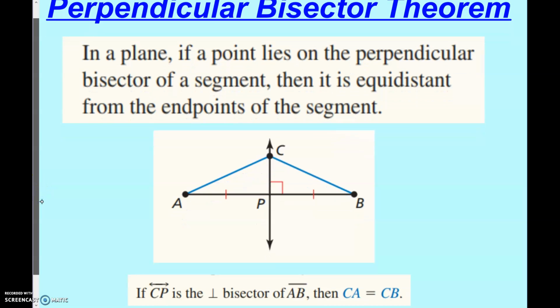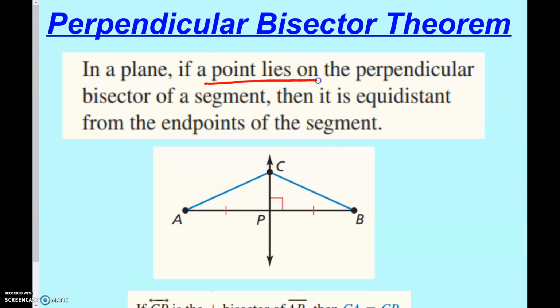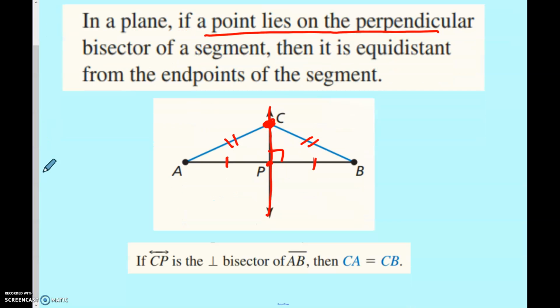So what this is saying, the perpendicular bisector theorem: if a point lies on the perpendicular bisector, okay, point C is on that perpendicular, this is your perpendicular bisector because it is coming through at the midpoint and it's perpendicular. If a point C is on the perpendicular bisector, then it is equidistant from the endpoints. So AC is congruent to CB. So that's what this part says. Then CA is equal to CB.